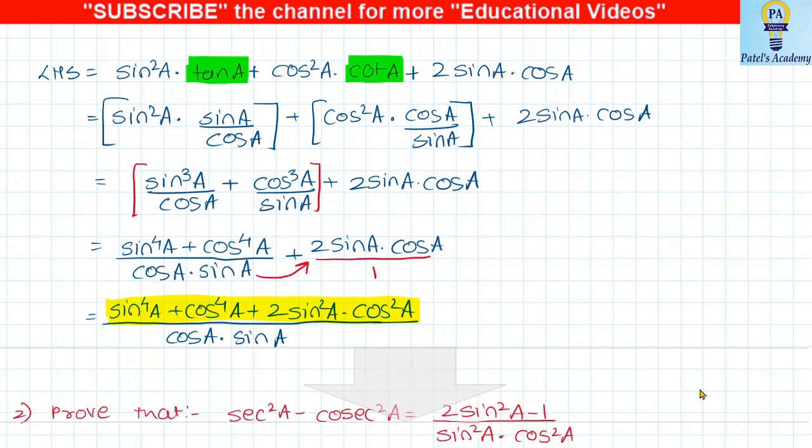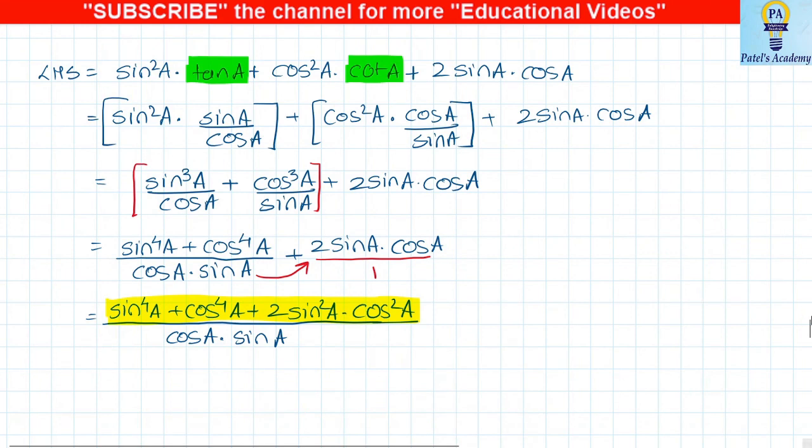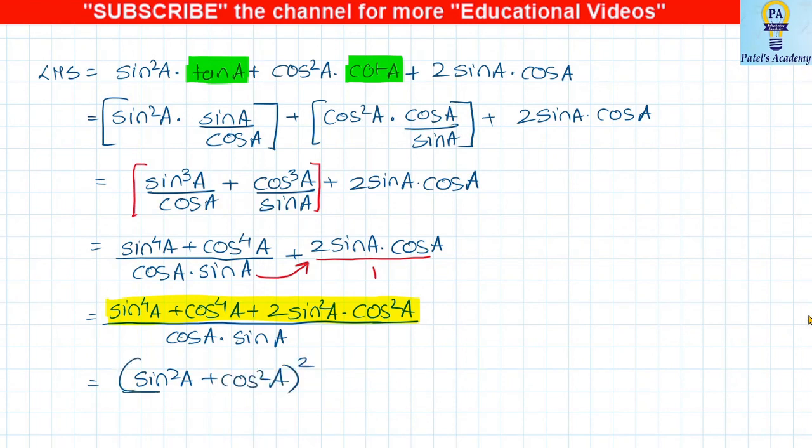Let's see. This is nothing but sin square A plus cos square A bracket square upon cos A into sin A. Plus b bracket square is a square plus b square plus 2ab.